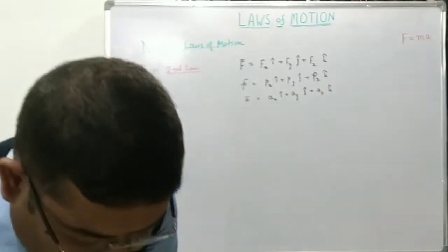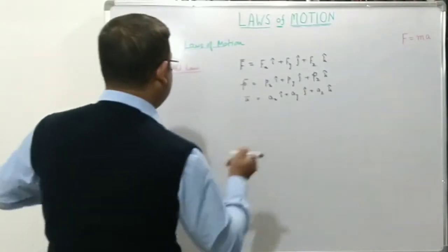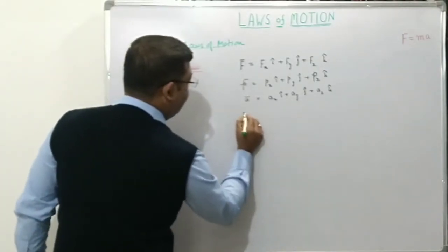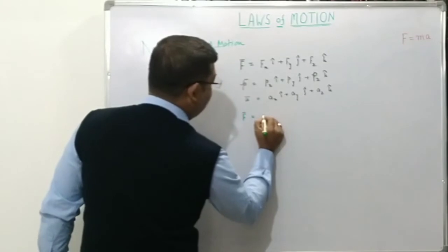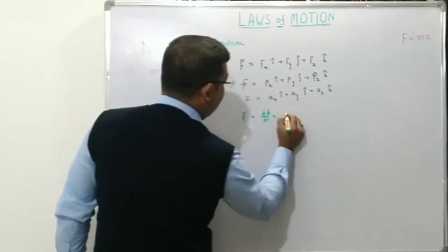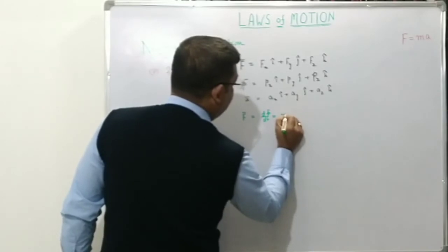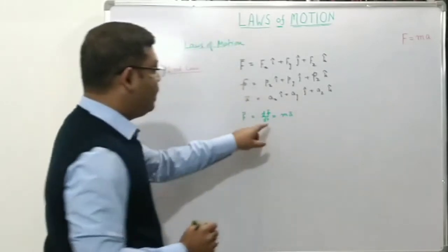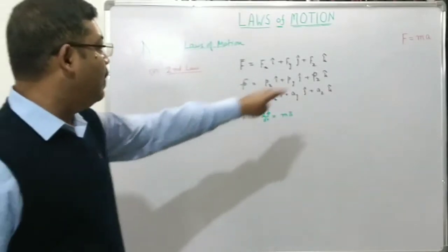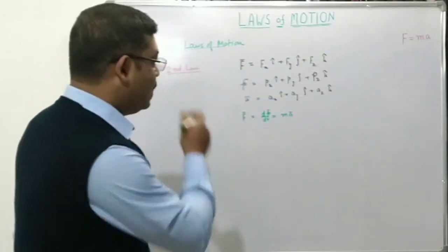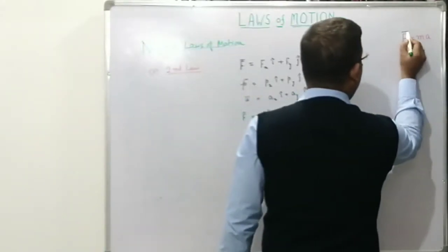Now what we have found is that F is equal to dP by dt, or equal to m into a, because dP by dt is ma, and we have found F equals ma in vector notation as well. F equals ma.